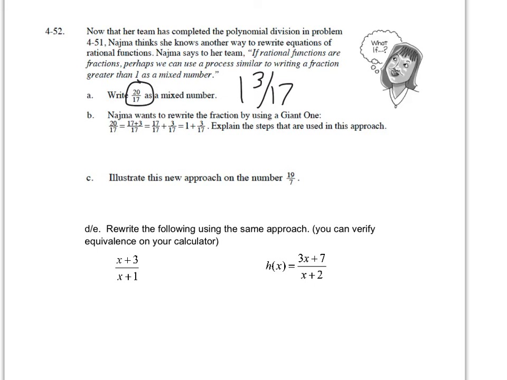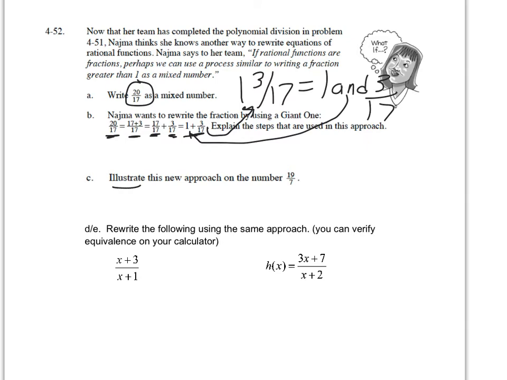Najma wants to rewrite the fraction by using a giant 1. So she's going to take that 20/17 and split the numerator of 20 into 17 plus 3. Using her fraction skills, 17 plus 3 over 17 is the same as 17 over 17 plus 3 over 17, which is really just 1 plus 3/17. That is an equivalent expression to 1 and 3/17, because in 1 and 3/17, the 'and' really does mean to add.